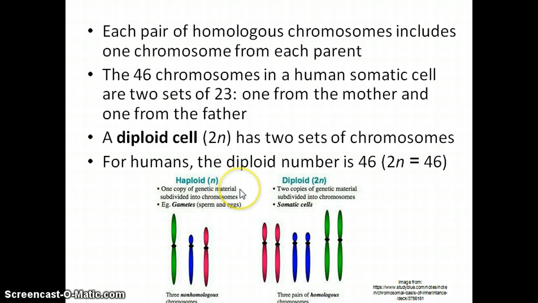And haploid means you have one copy of the genetic material, and when we have diploid, we have two copies of the same genetic material, or sets of genes. And the only place in humans we have haploid cells is in the gametes. And all of the rest of the cells, which are called somatic cells, so all of our body cells, are diploid.